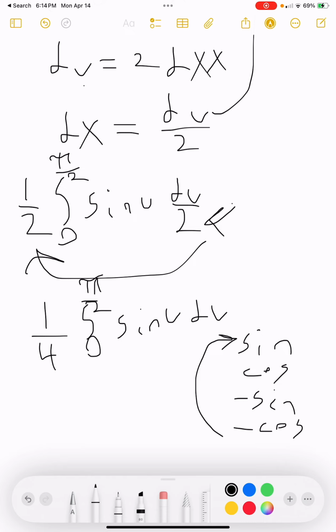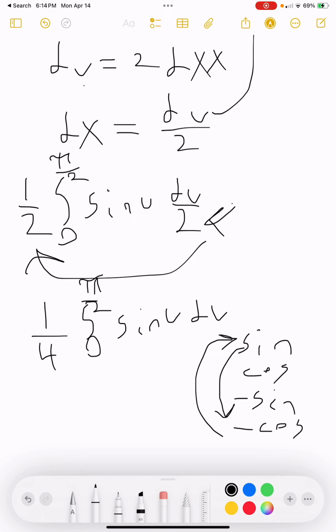Now, for integration, we know it's the inverse of taking the derivative, so we're going to go backwards. So the integral of sine will actually be negative cosine.